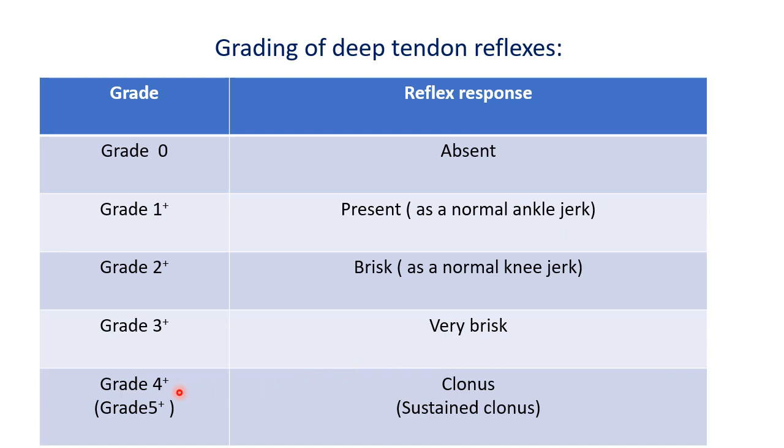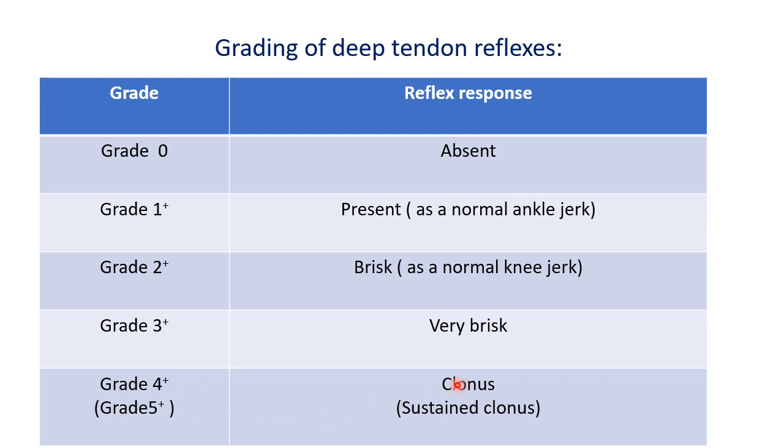Then grade 4+ is when there is the presence of clonus, that is, repeated jerky movements. Some clinicians have another grade, which is grade 5+. How do they differentiate between grade 4 and grade 5?